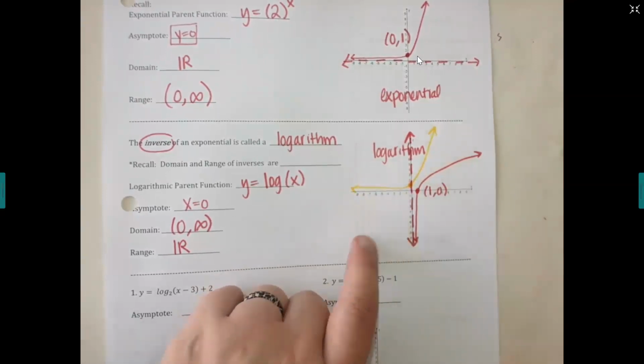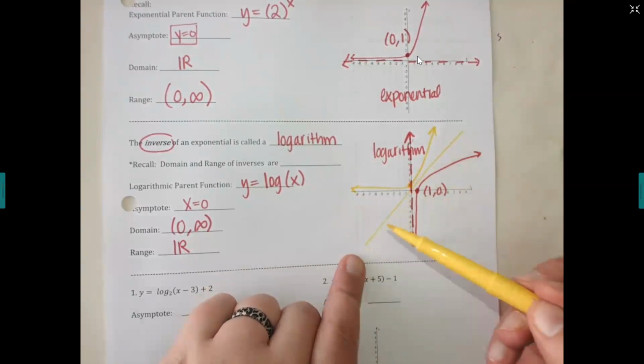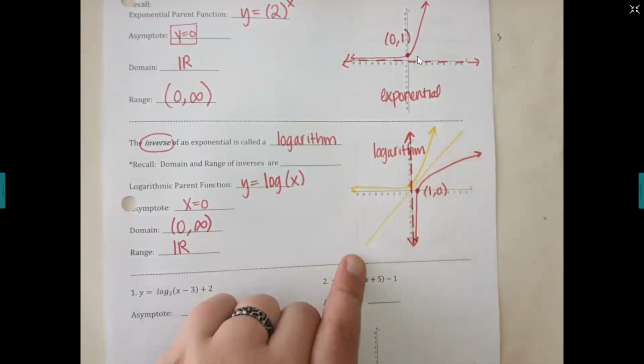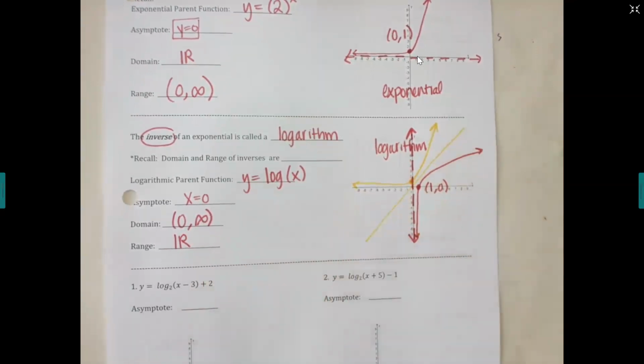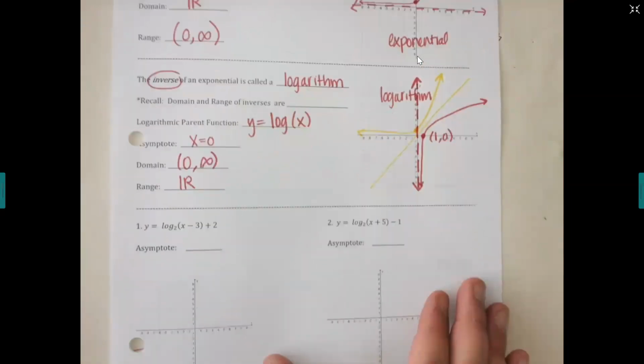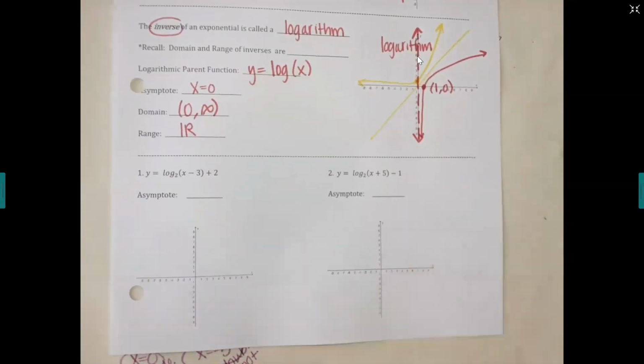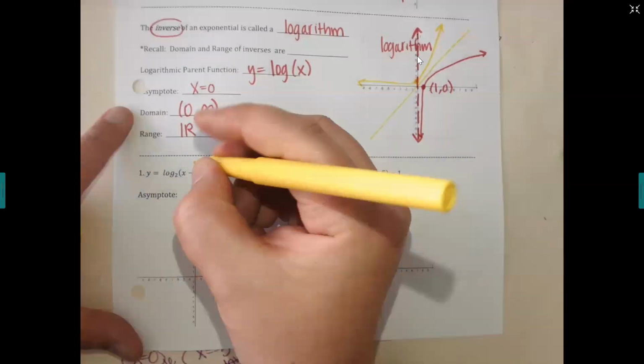Do you see how that diagonal is going to cut your picture in half? Just like when we did that whole unit on inverses. So logarithms are the inverse of exponentials. Let's do a couple of graphs. These should be pretty easy because all of your rules stay the same. If I have a -3, which way do I shift?